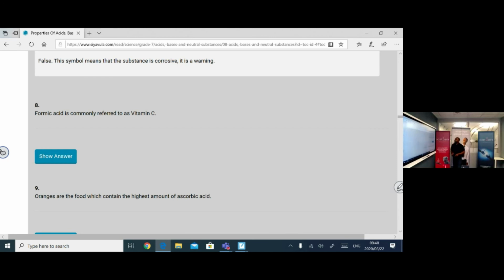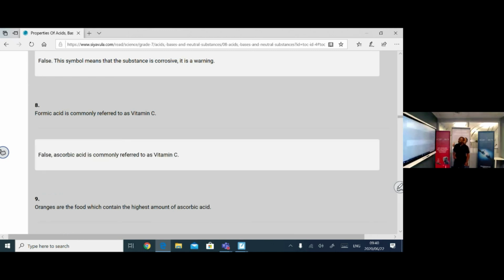Formic acid is commonly referred to as vitamin C. True or false? It's false. Formic acid is not vitamin C. Rather, ascorbic acid is commonly referred to as vitamin C. If I may ask you, which type of food substance do we get our vitamin C from?